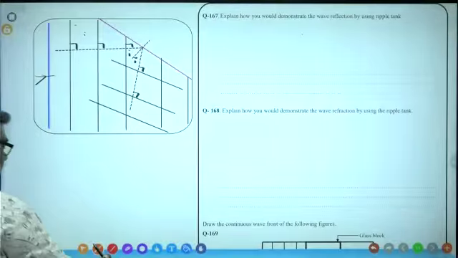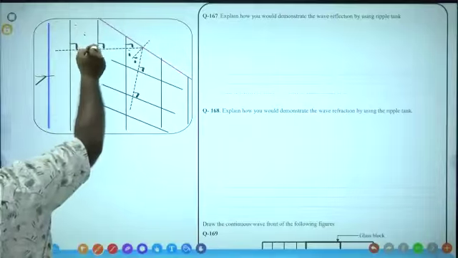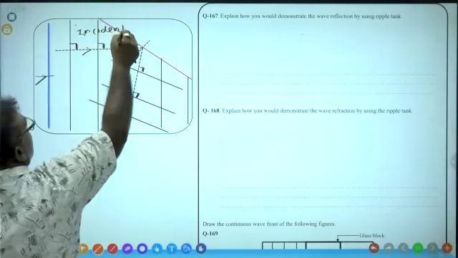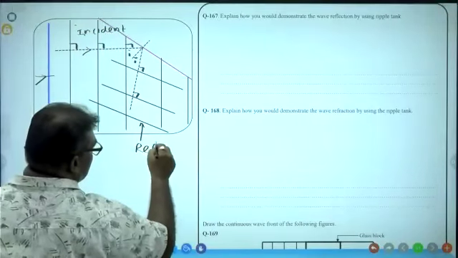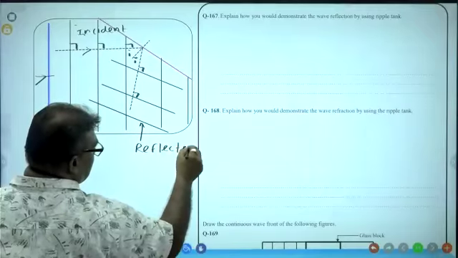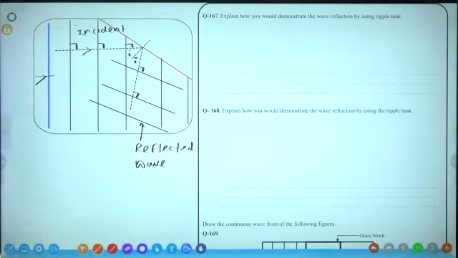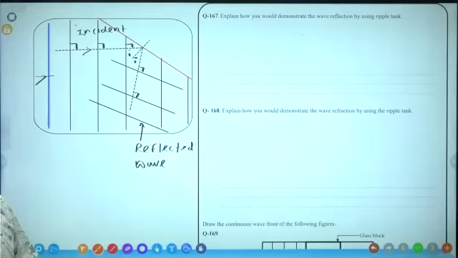Here we have the incident one. Here we have the reflected wave. This is the way of formation of wave reflection, right?